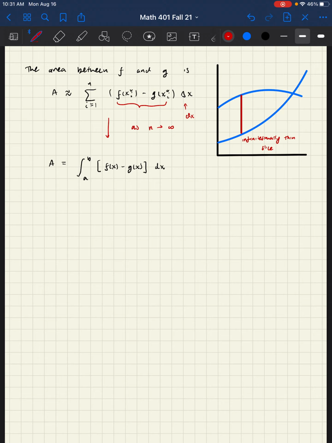Okay, so the important pieces here to remember are that this is the upper curve, this is the lower curve, a is the left endpoint, and b is the right endpoint.